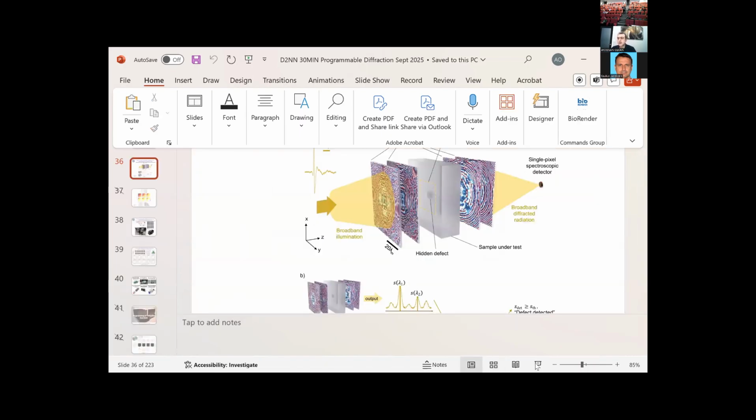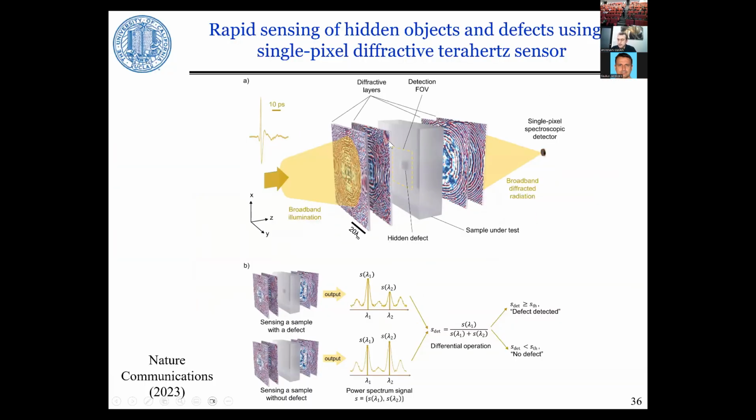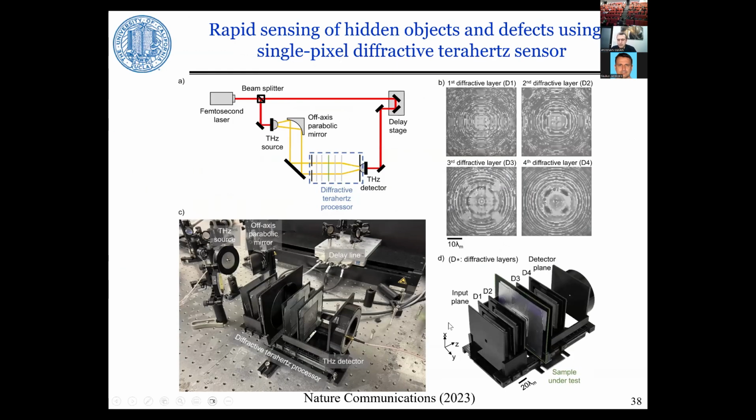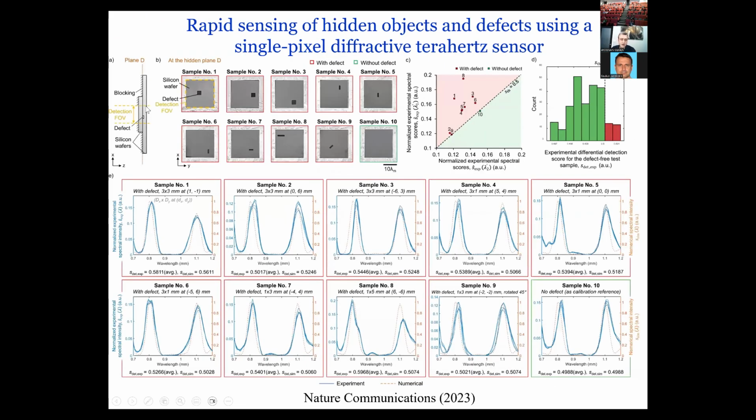For terahertz, there are two major reasons that we started. First of all, terahertz waves can see through opaque materials. As a result, for certain applications, like looking through an opaque object, for example this silicon wafer with a defect within the body, standard infrared or visible cameras would not be able to see it.